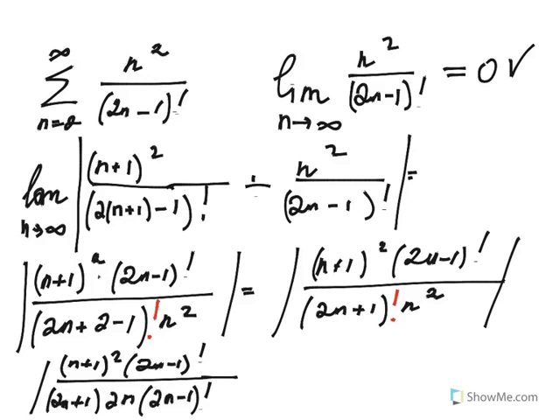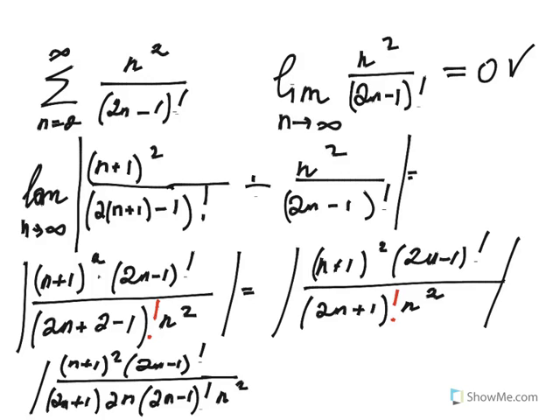So instead of so on, I'm just going to stop there and say 2n plus 1 factorial is equivalent to 2n plus 1, then one step down 2n, one step down 2n minus 1, and then it goes 2n minus 2, 2n minus 3, which is 2n minus 1 factorial.